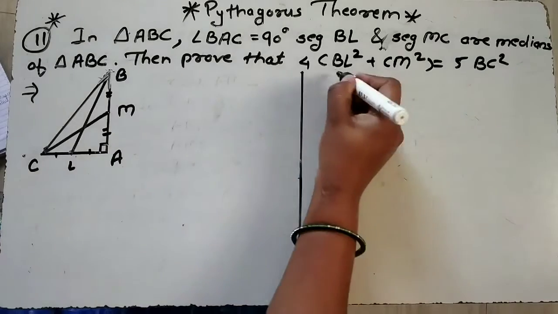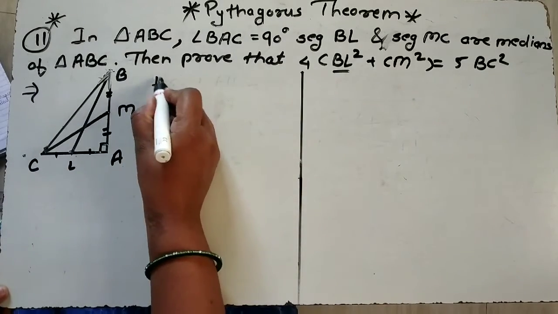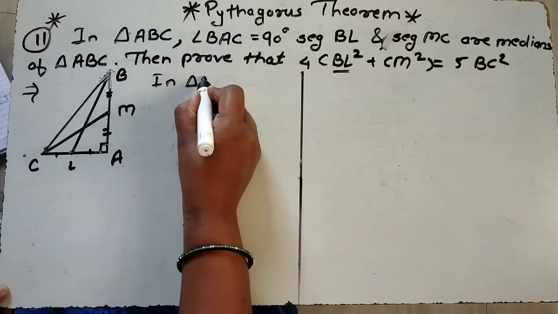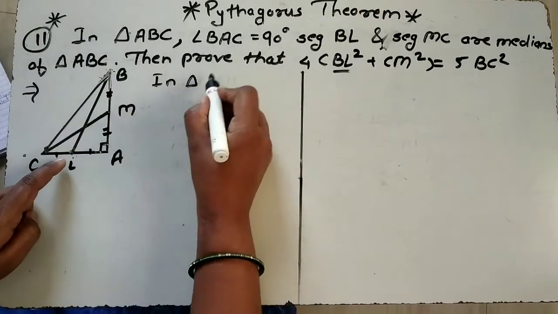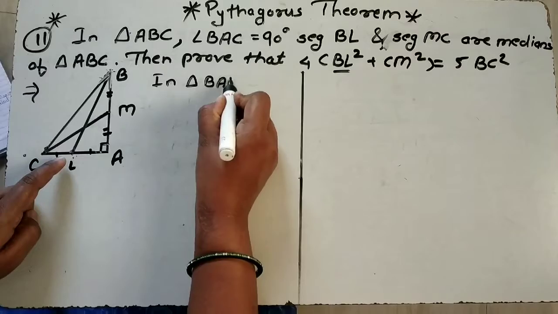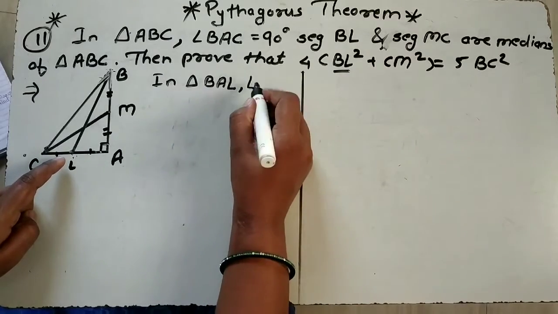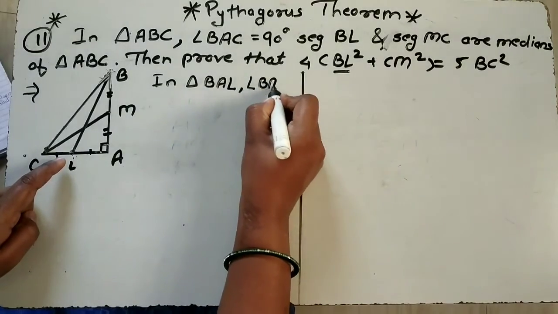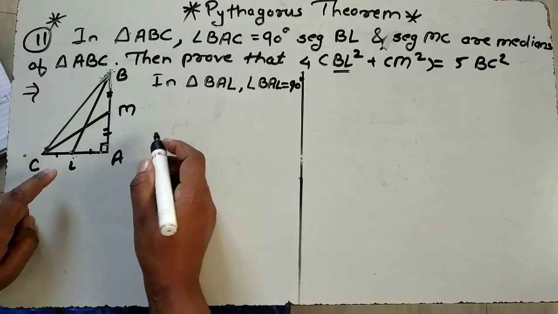So first of all, BL square we will find out. BL is the hypotenuse of triangle BAL. In triangle BAL, angle BAL is equal to 90 degrees.